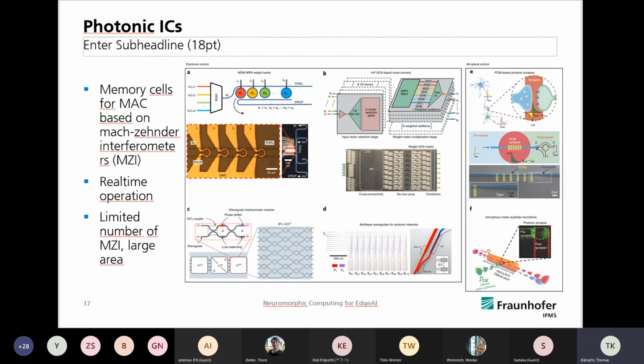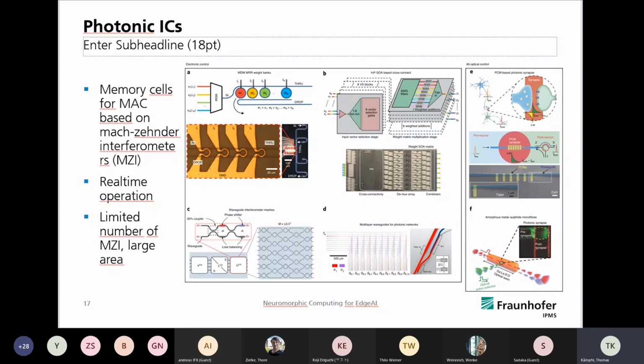What photonic ICs are interesting for are particularly real-time operations, because running a complete neural network is extremely fast in photonic ICs, so real-time operations can greatly benefit from such implementations. A drawback of photonic ICs is basically the limited density of memory cells, as memory cells or such interferometers typically are in the range of hundreds of microns.